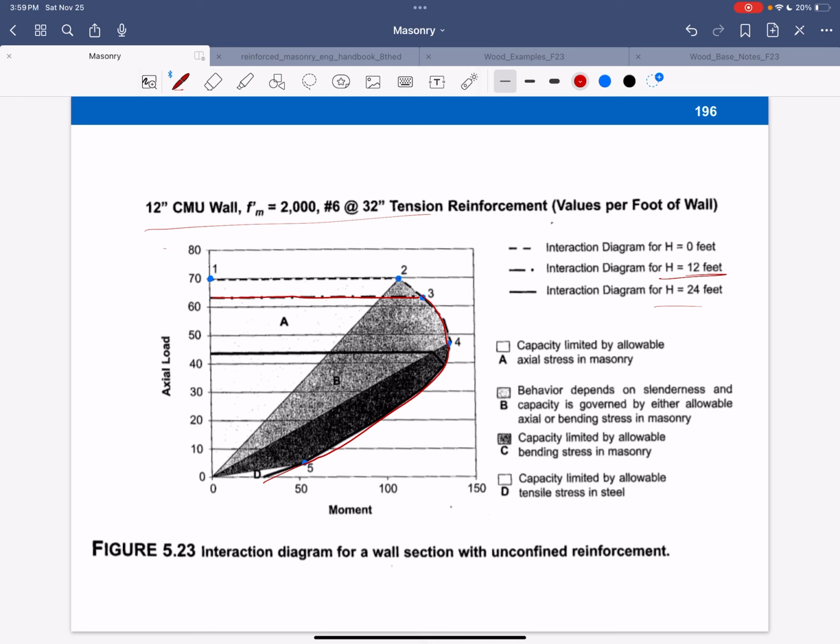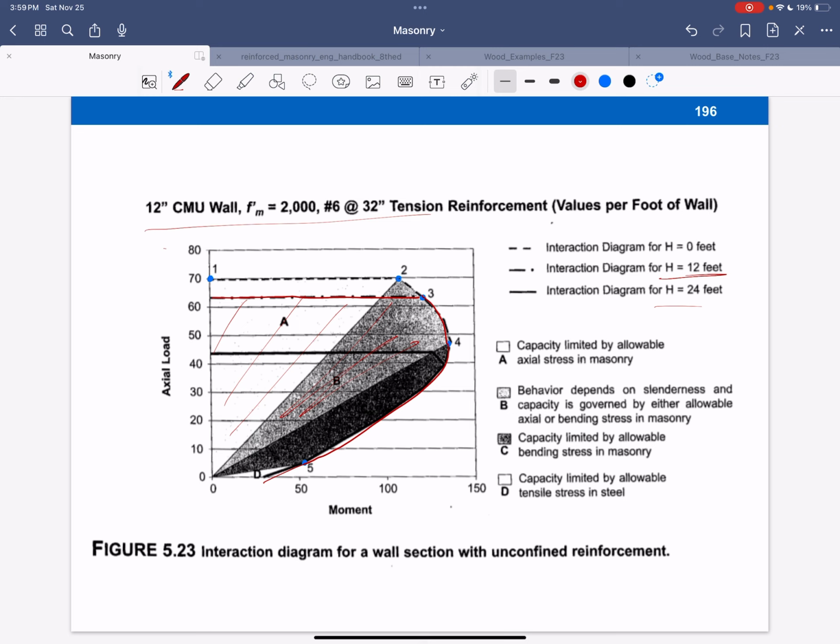What they're showing you here is that if you're in this first region, say I'm using the red interaction diagram, it's basically all about the axial stress, and we're limited by how much axial stress the masonry can take. If I'm in this middle region, it depends on the slenderness of the wall, so some bending due to slenderness or axial, where we start to bend out of the plane, and allowable axial or bending stress in the masonry.